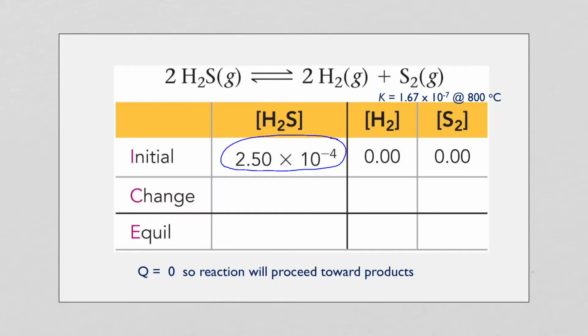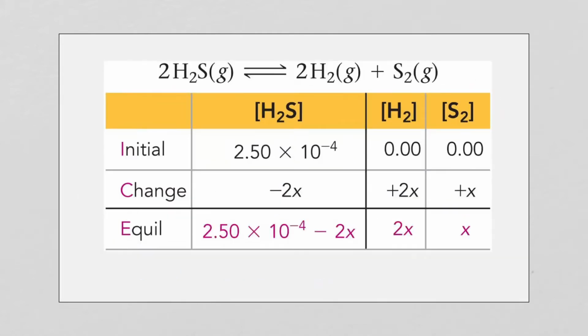So let's see if the approximation is still valid. Okay, so we're going to work through this, and we would define our changes in terms of x. So all this should look the same. Again, the big difference here now is this value. So I am not going to go through the algebra this time.